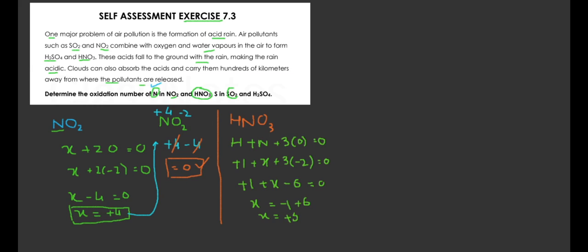Now this +5 is the oxidation state for nitrogen that is present in nitric acid. Now if you want to check, you can check it like this. You have HNO3. For hydrogen, the oxidation state is +1. For nitrogen, as we have found out, that is +5.